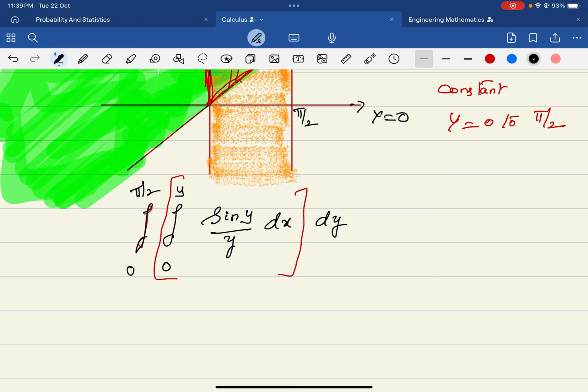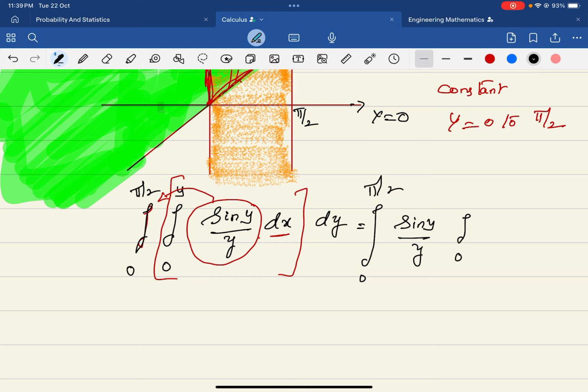Now the foreign element here is sine y by y, correct? So you have to take out this sine y by y because we are integrating with respect to x. So take this outside of the inner integration. So what you get is integral of 0 to pi by 2 sine y by y times integral 0 to y dx, close the brackets, dy.